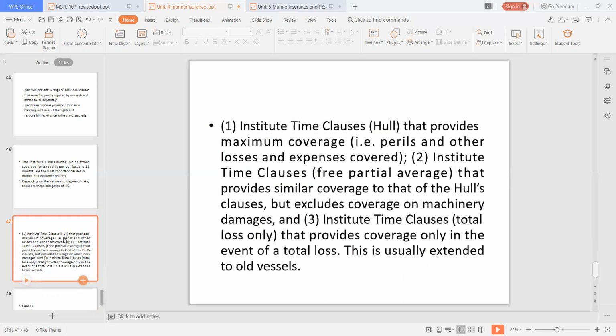Institute time clauses, free of particular average, provide similar coverage to that of hull clauses, but exclude coverage on machinery damage. Institute time clauses, total loss only. So see that 1, 2, 3 provide coverage only in the event of total loss. This is usually extended to the old vessels, right? So these are the clauses.